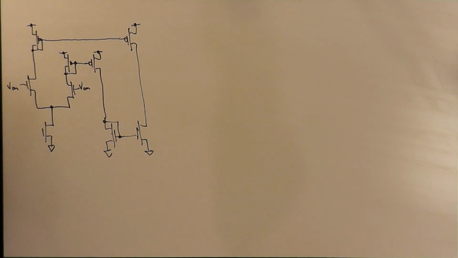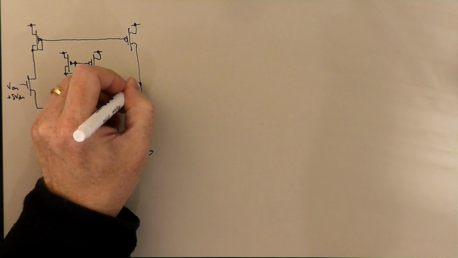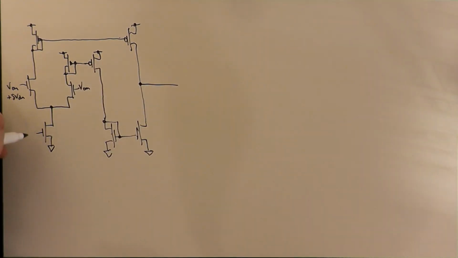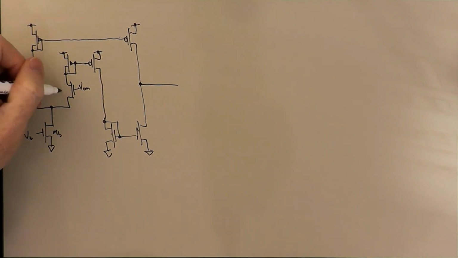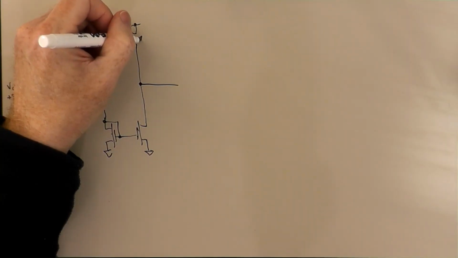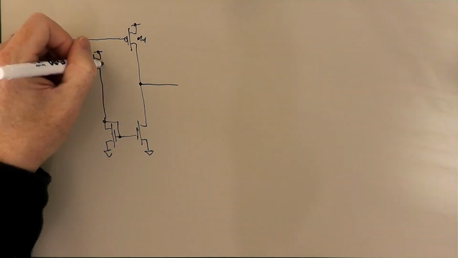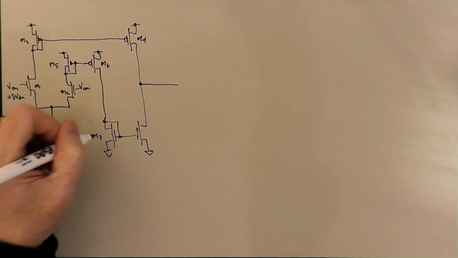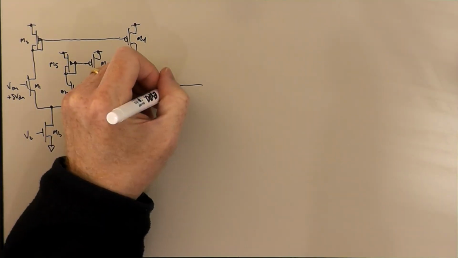And we're going to go back to thinking about the differential mode gain, where we put a delta VDM in here, and we consider what is the delta V out. So we've got a VB, we've got our MB, M1, M2, M3, M4, M5, M6, M7, and M8. And we have our output capacitance C out.